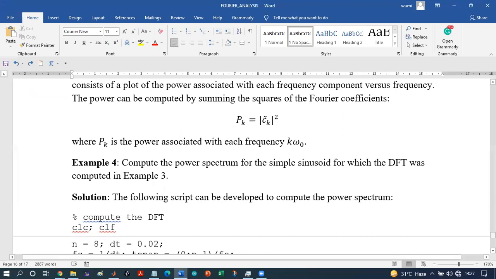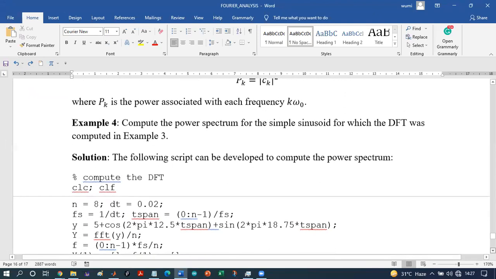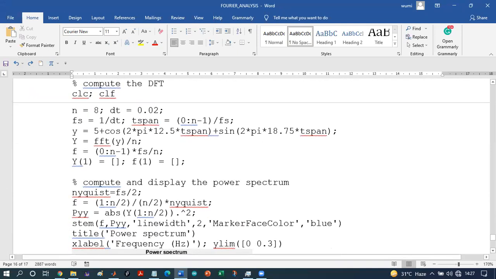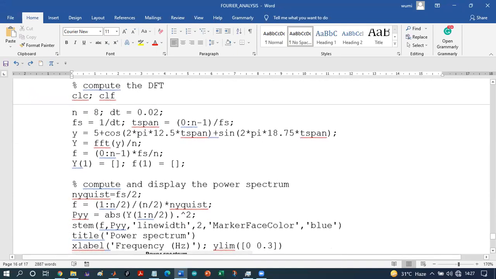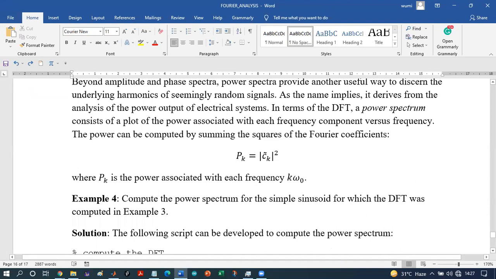The note is on module, and the code too is on module. Another thing is the power spectrum. It is actually the same thing. If you are asked to get the power spectrum, it is simply the absolute value squared of the DFT.